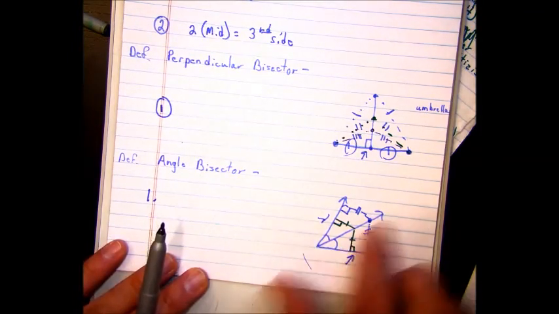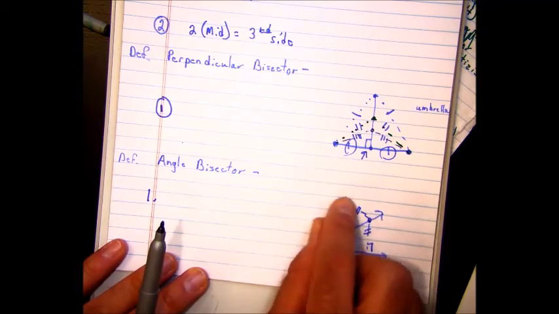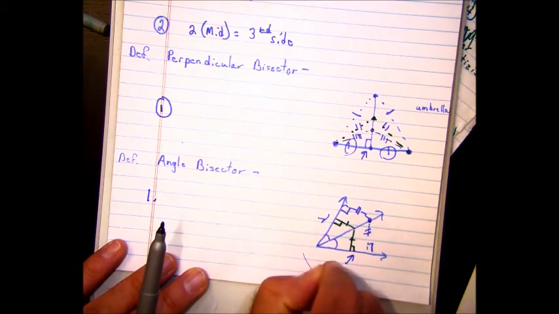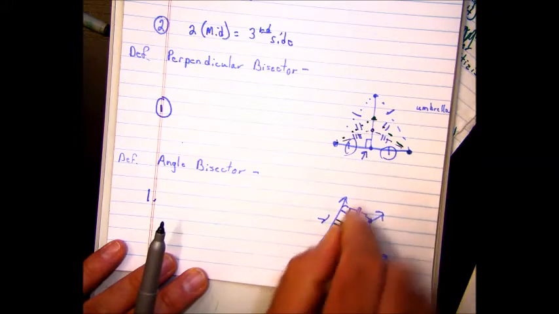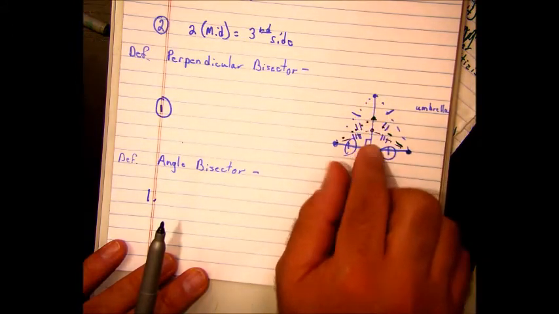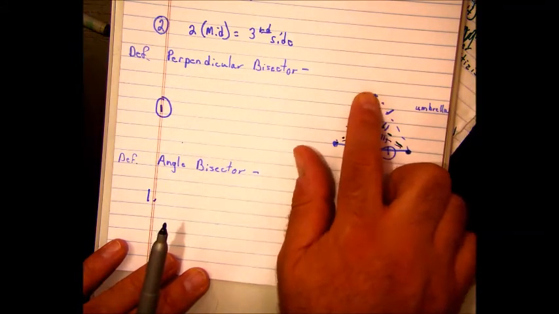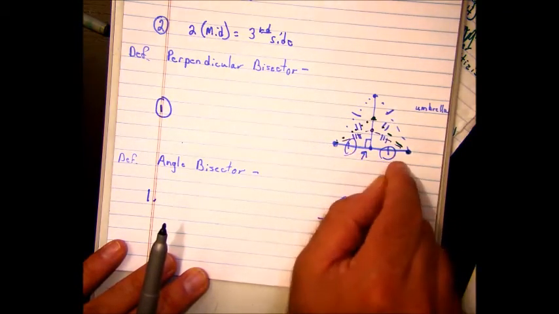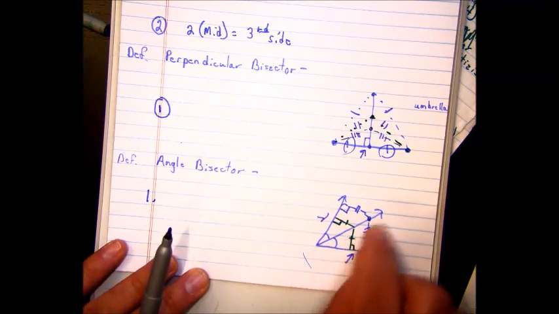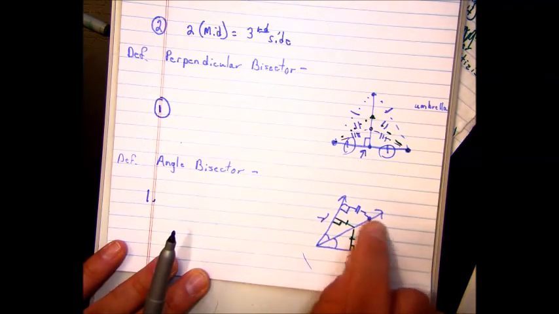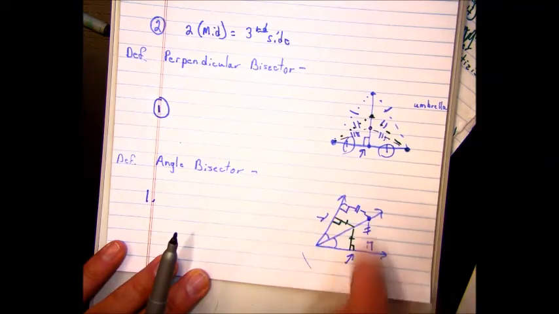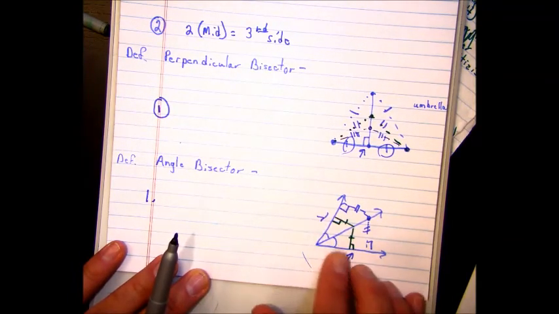Right? So if you're on an angle bisector, you're the same perpendicularly equidistant to the sides of the angle. Okay. Any point on the perpendicular bisector is equidistant to the ends of the segment being bisected. Any point on the angle bisector is perpendicularly equidistant to the sides of the angle.